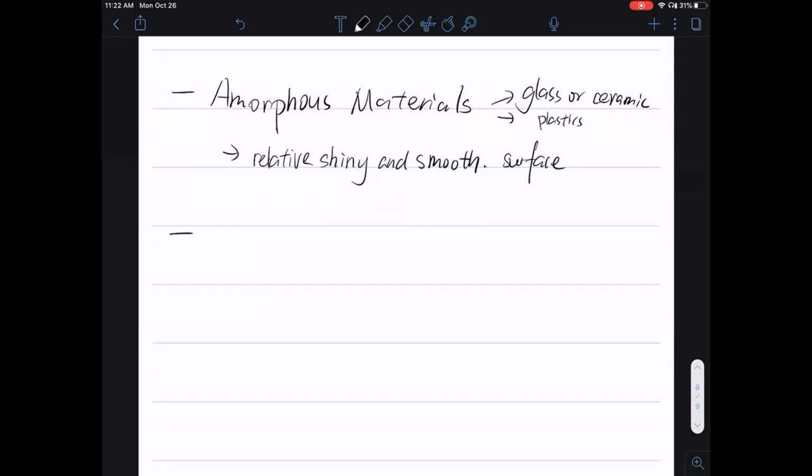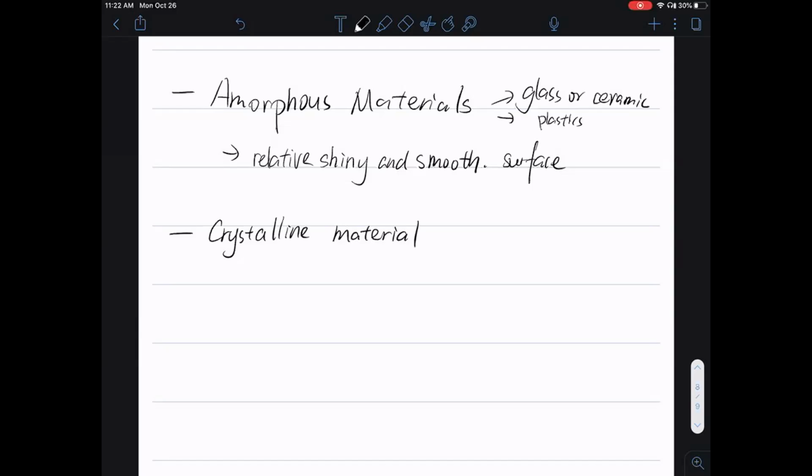Now let's look at what is going on inside of crystalline material. Okay, now I want you to guess. In an amorphous material, the material doesn't have any crystal structure. The fracture surface is flat and smooth, it's shiny.